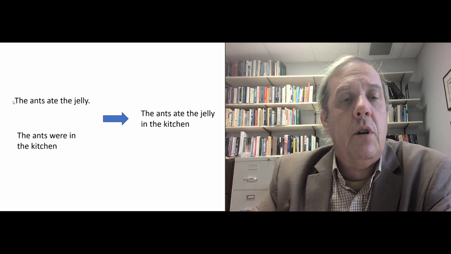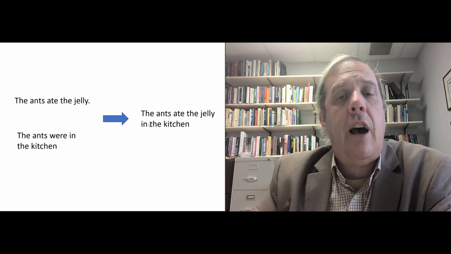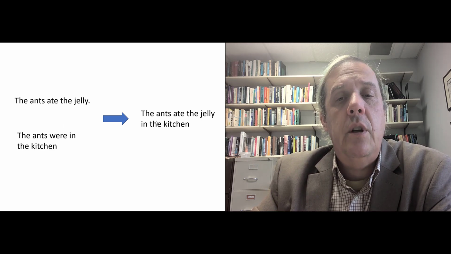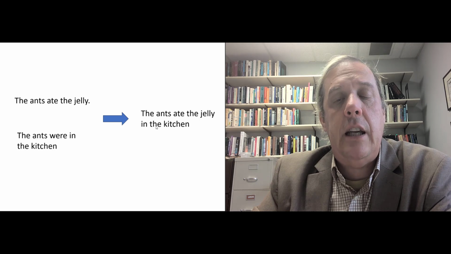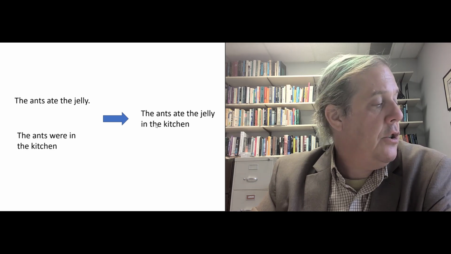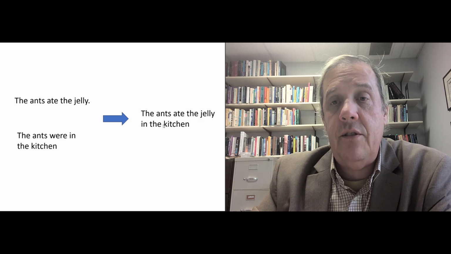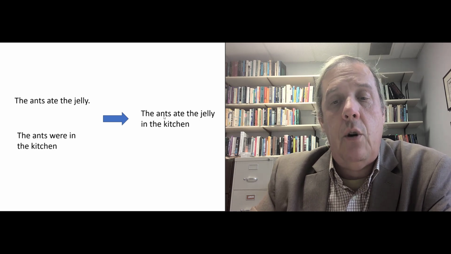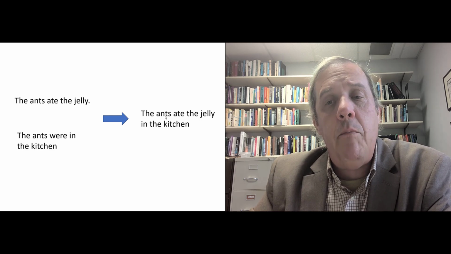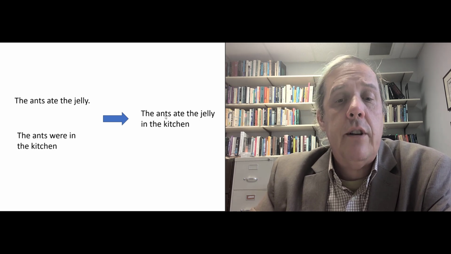Two of the sentences were, the ants ate the jelly and the ants were in the kitchen. These got compressed in their memory to, the ants ate the jelly in the kitchen, which isn't necessarily true given the existing sentences, right? So again, the way your memory is stored creates biases.